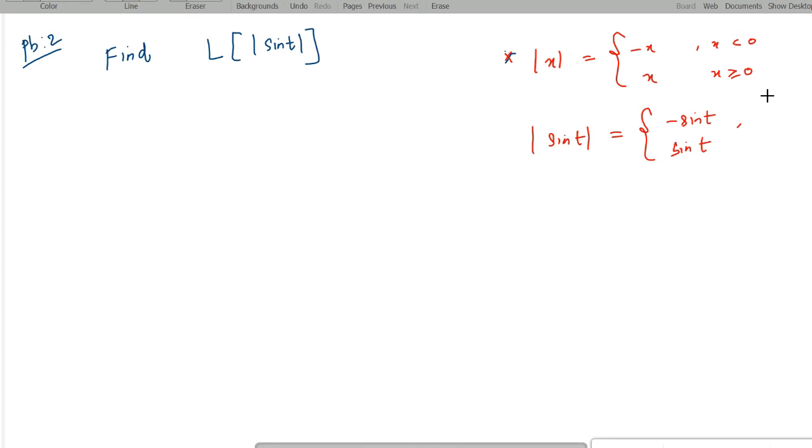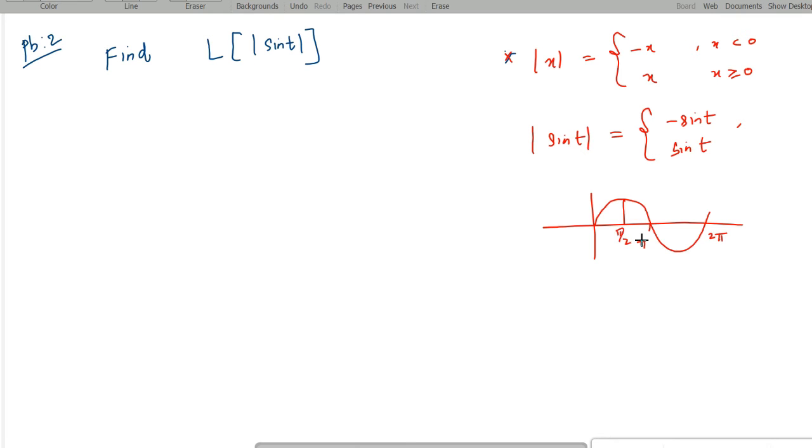So we must know the period for sin t. The sine curve is coming like this, pi to 2 pi, this is pi by 2. So in this case, suppose if you consider one frequency, pi to 2 pi you have a negative value.